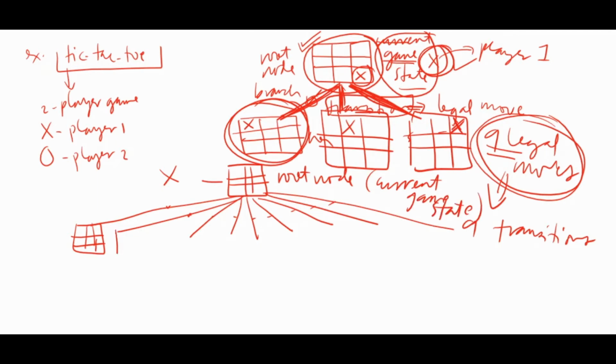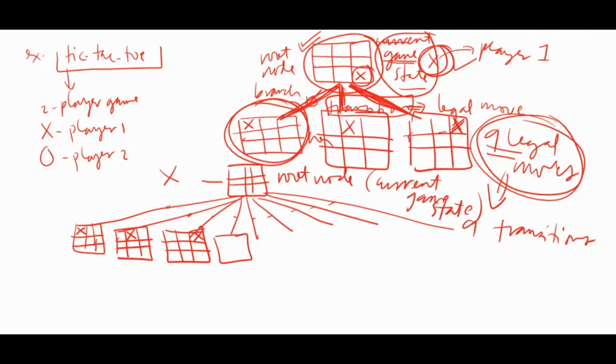Each of these nodes here, we call the next game states. The first one would be putting the mark here. The next possible game state would be this one with the mark on this square. The third possible next state would be this board state having the mark here.